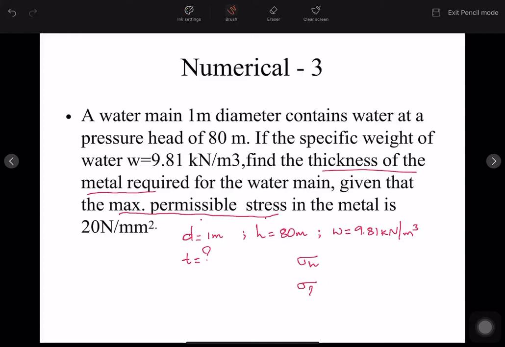It will not be sigma L. So we should not use PD by 4t, we should use PD by 2t.